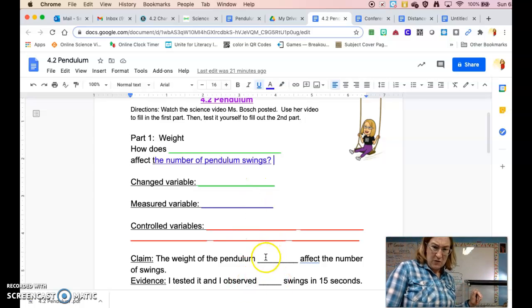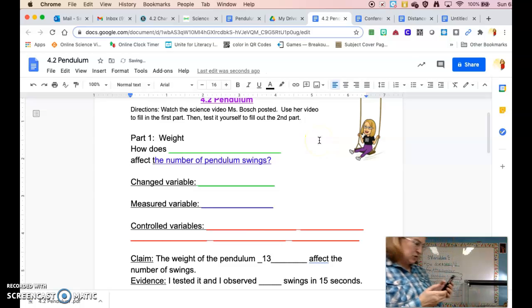Did Miss Bush count correctly? I'm not sure. Let's repeat that test. Let's do what good scientists do. Let's do it again. That's what scientists really do. They get more than one test, because sometimes you miscount or do something a little off.